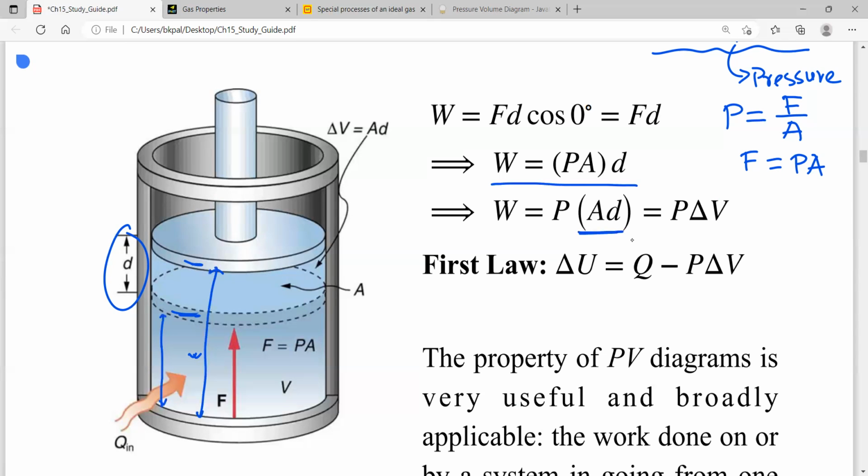The product Ad is basically this amount of volume, which is the change in volume. That's why we can write W equal to P times delta V, the change in volume. So sometimes the first law of thermodynamics is written like this: delta U equal to Q minus P delta V.